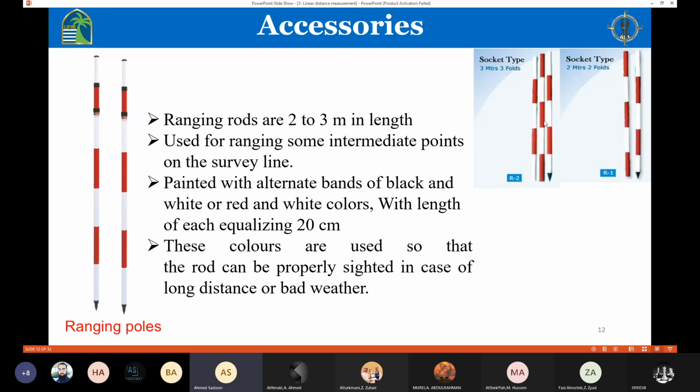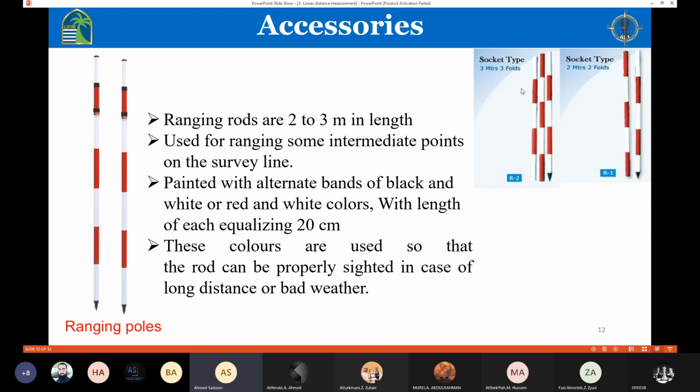Like I said here, we have two types. We have 3 meters, and this ranging pole can be folded, okay? Because with a length of 3 meters, it's difficult to carry. The 2 meters can be folded in 2 folds. You are going to see this when we get to the site.